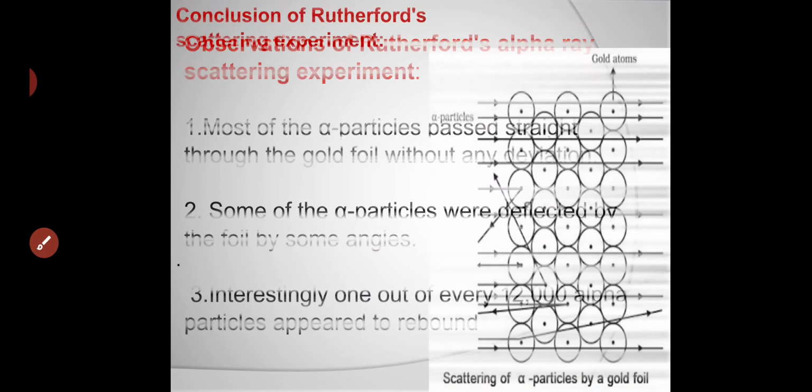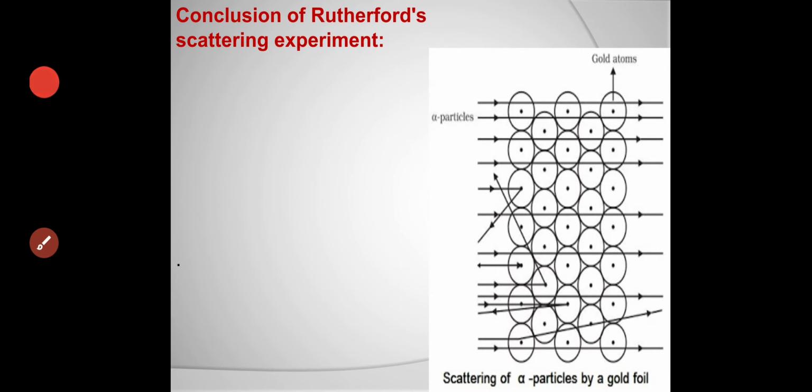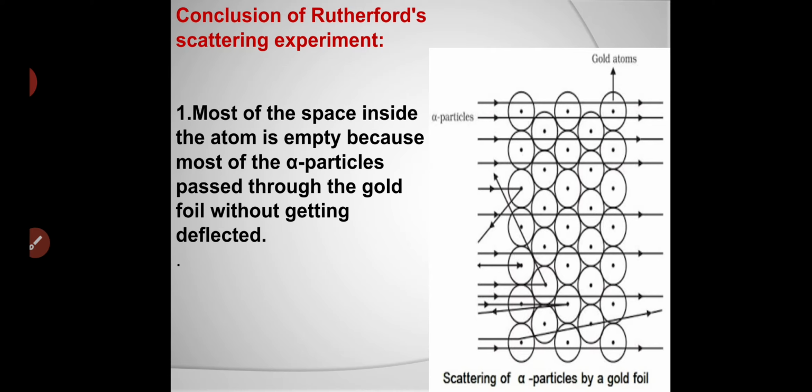Right? By observing all these points, Rutherford concluded that most of the space inside the atom is empty, because most of the alpha particles passed through the gold foil without getting deflected.